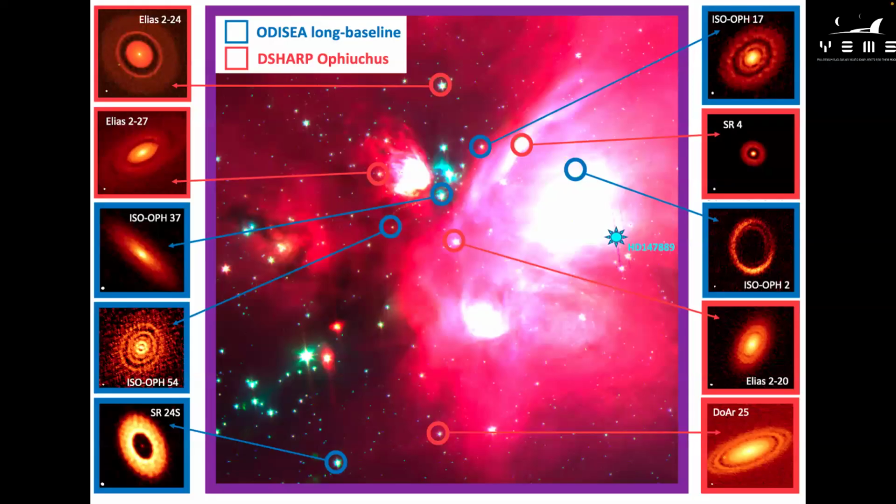What is the thickness of this planet formation disk? Yes, the horizontal thickness. It's much smaller than 1 parsec.